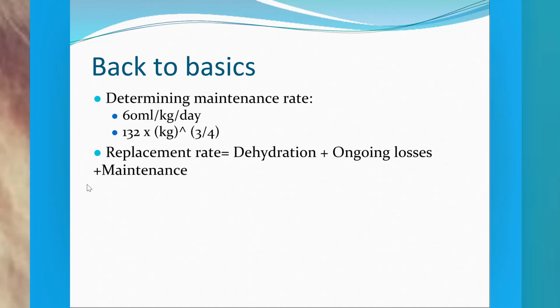And the easiest way to do those calculations, especially if you're using a simplified calculator, is to take kilograms times your kilograms times your kilograms, and then you get that total, and then you square root it, and you square root it again, and then you multiply it by, if you have a dog, 132, or if you have a cat, 80.